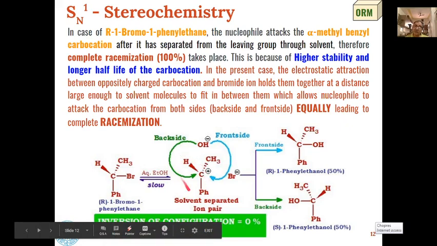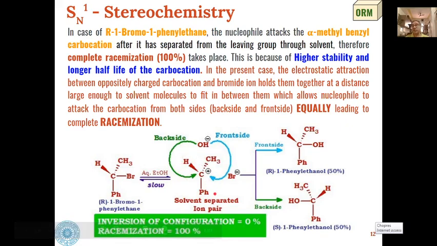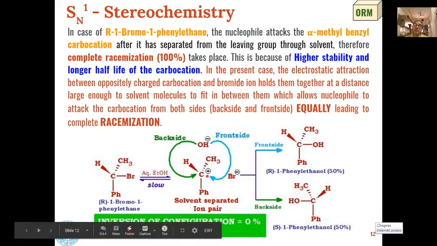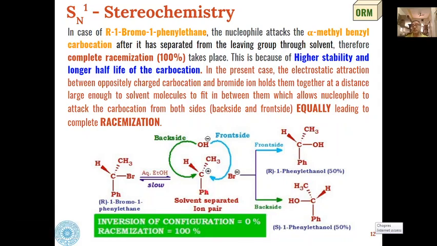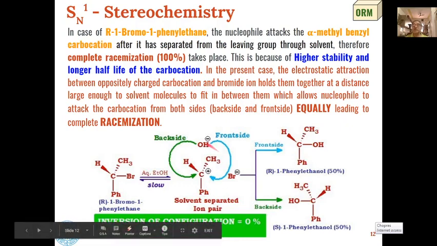That means this is a benzylic type of carbocation, and benzylic carbocations, they are very stable carbocations because this positive charge can be delocalized on the pi bonds which are present on the aromatic ring, and because of that there is a possibility of resonating structures which stabilizes the carbocation, and because of that the intimate ion pair very fastly changes into solvent separated ion pair.